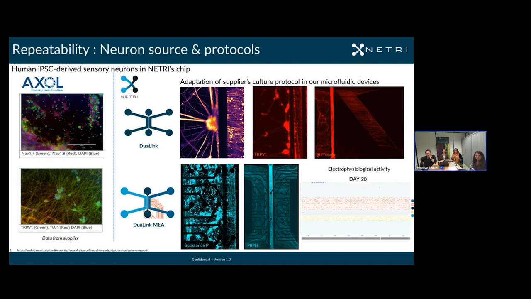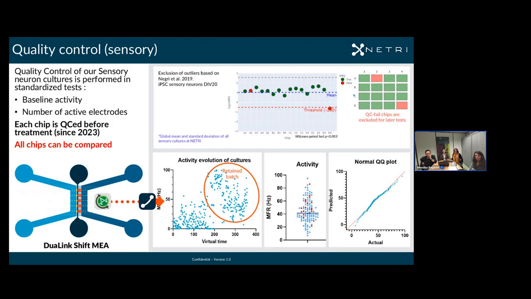So here's an example of what we do in order to validate cells in our devices. But what is most important is their electrophysiological activity and making sure that they develop according to what we call our internal standards.